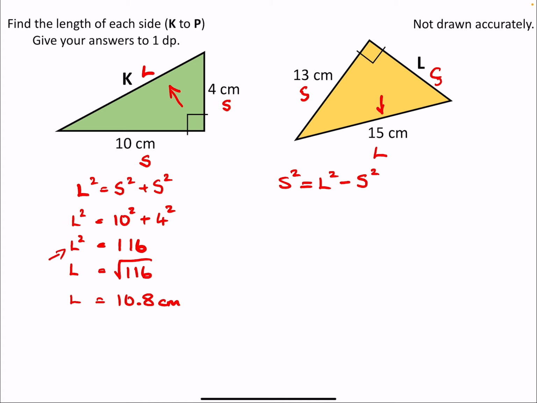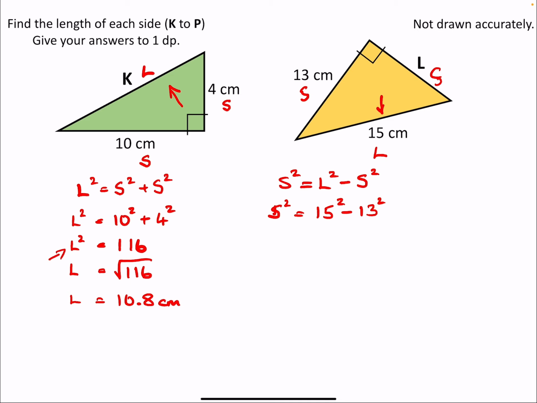Now, let's put the numbers in the question. So we have s squared equals the long side squared, which is 15, the hypotenuse, minus 13 squared. Again, at this point now, you are thinking about using your calculator.